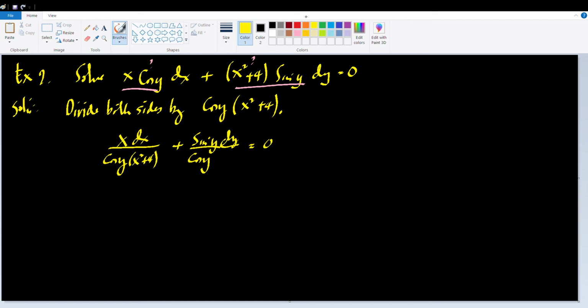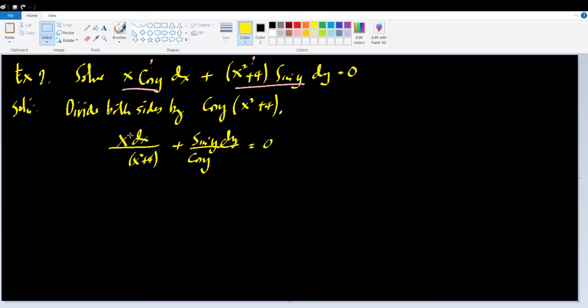Okay, so we can see that the coefficient of dx is a pure function of x. Oops, sorry, there should be no cosine y there, because we have divided by cosine y.